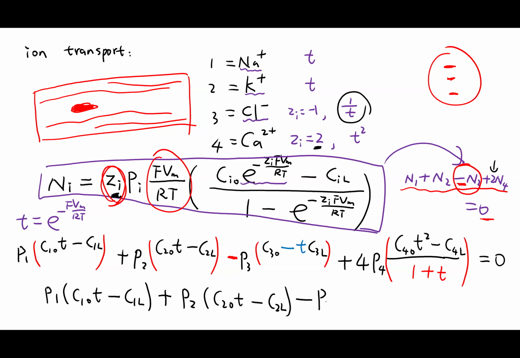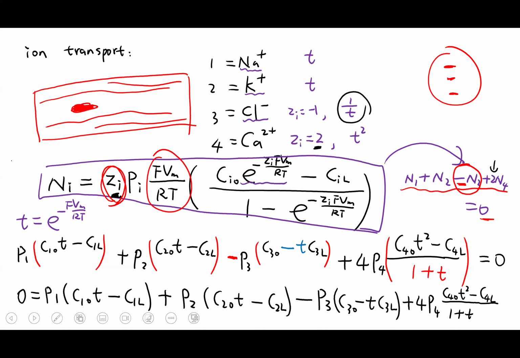Minus, be careful here, it should be minus P3 C3 naught, no, they have another T, be careful, T C3L, plus 4P4 times 1 plus T and C4 naught T squared minus C4L, okay? And this whole thing is equal to 0, okay?